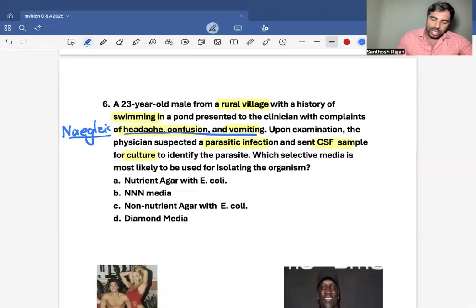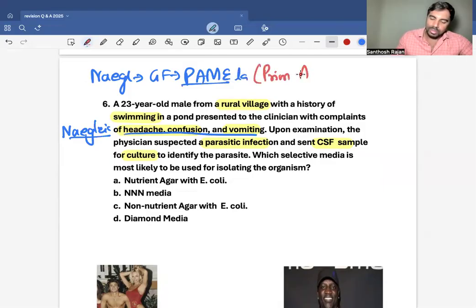I always say Naegleria's girlfriend is Pamela Anderson, Pamela. So why did I say Pamela? Because that is primary amoebic meningoencephalitis. This word is very, very important. Meningoencephalitis.